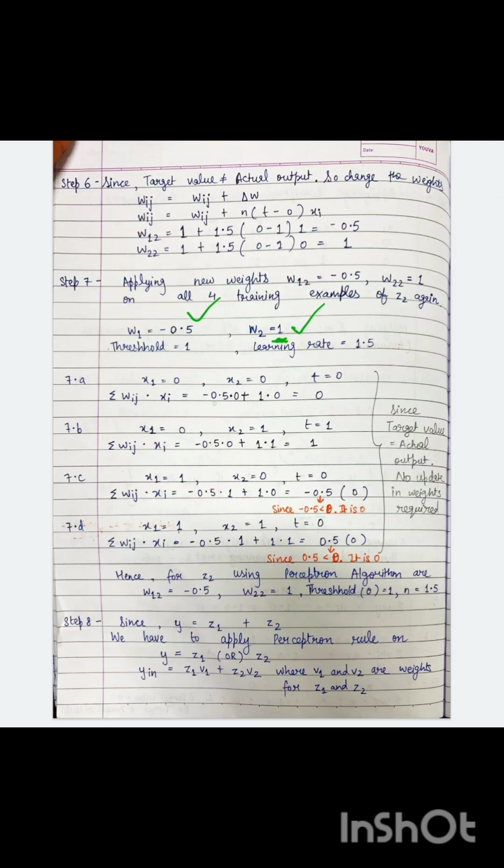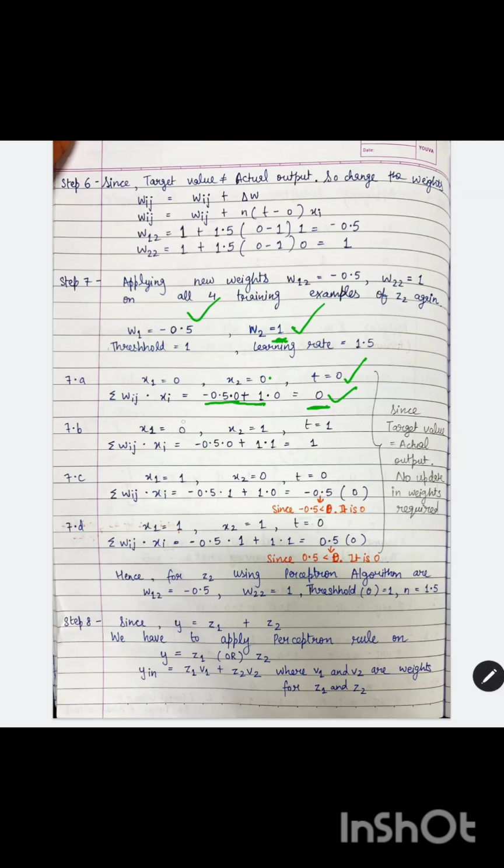Okay, so we get x1 as this, x2 as this, and target equal to 0. So when we calculate, what do we get? Minus 0.5 into 0 plus 1 into 0. Anything multiplied by 0 is 0. So we get the answer as 0. Target is 0, actual is 0 as output, so no change in weight.